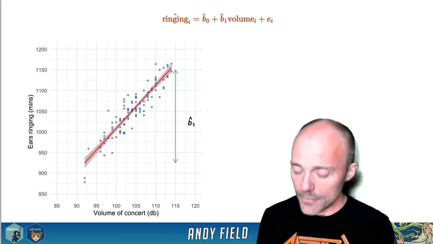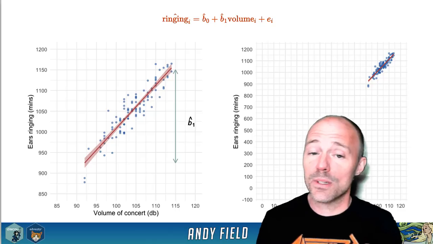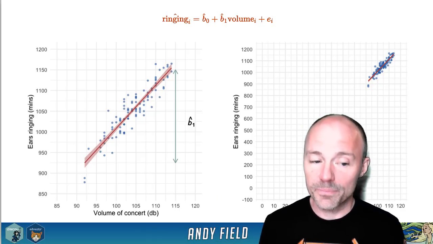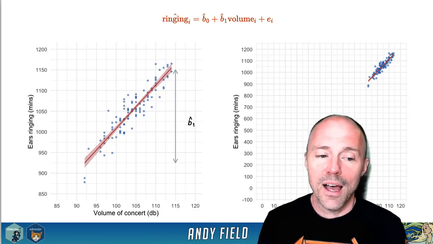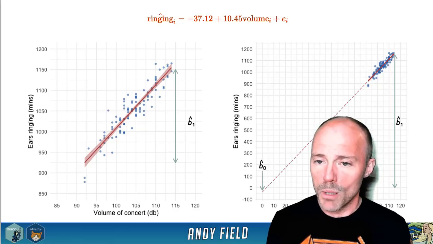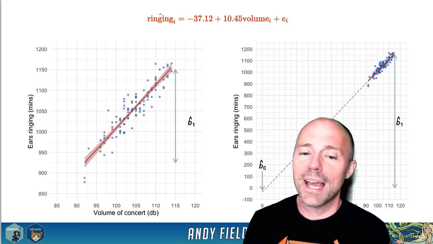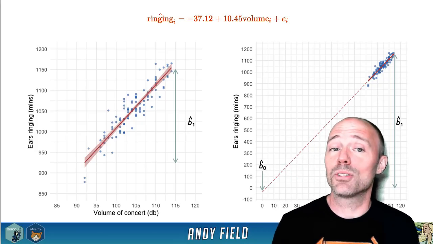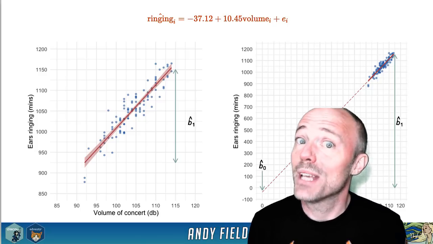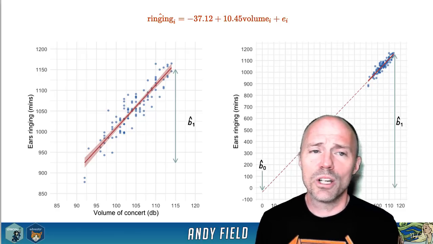Looking at the intercept, we saw in this example that we had to expand the graph right out, because all our data points are at volumes above 90 decibels. So we'd have to extend that line right back until the volume of the concert was 0, and we get an estimate of how many hours your ears will ring for if you were basically exposed to no decibels of noise at a concert. And we saw that we got a value of minus 37.